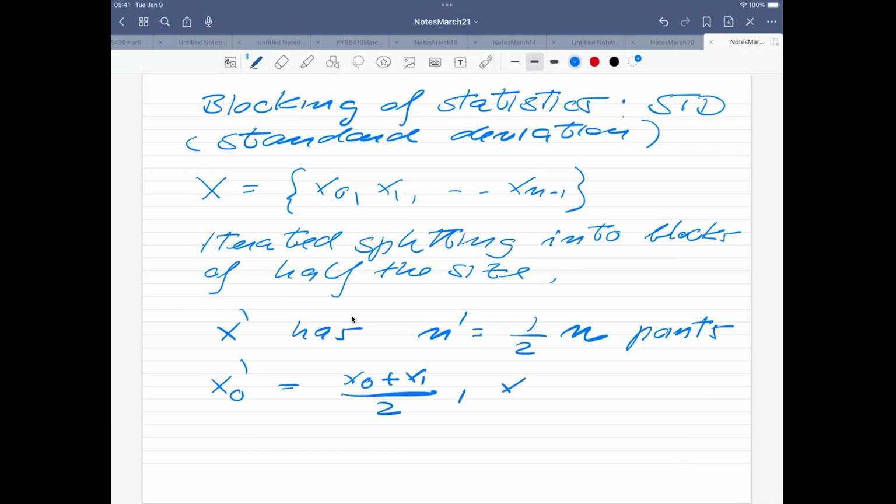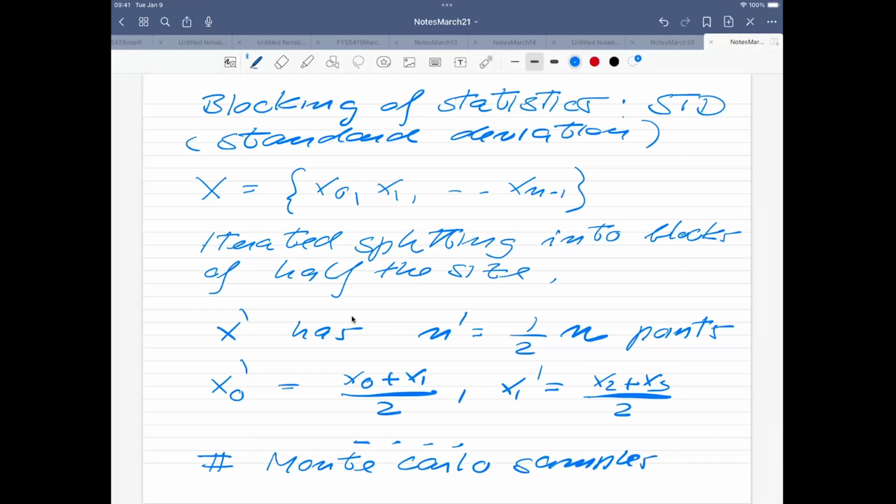We're going to have an x1 prime, which is x2 plus x3 divided by 2, etc. The number of Monte Carlo cycles or Monte Carlo samples will typically be given in powers of base 2, 2 to the power of p.